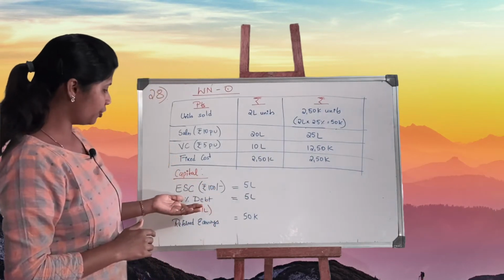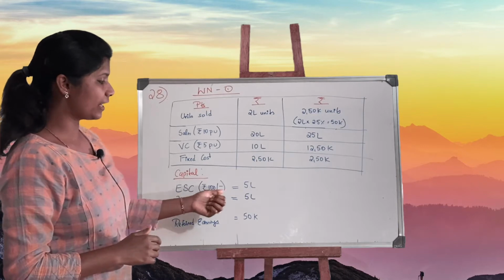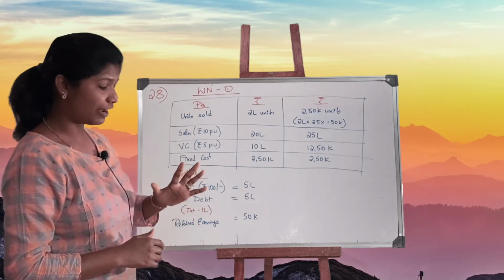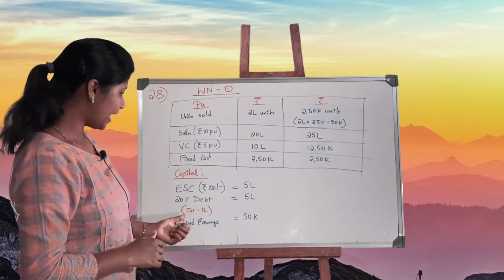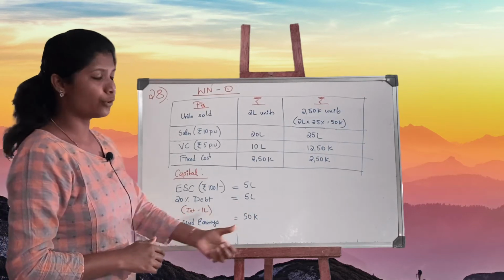Let's look at the capital here. The company has equity share capital of rupees 100 each, 5 lakh, 20% debenture of rupees 5 lakh and retained earnings of rupees 50,000.